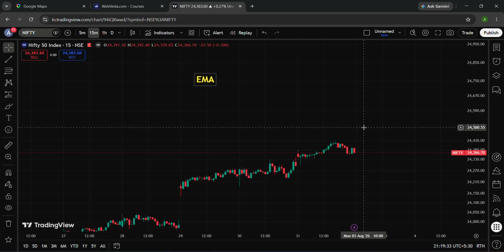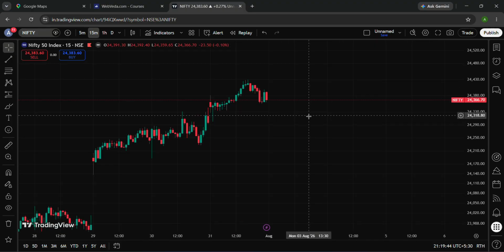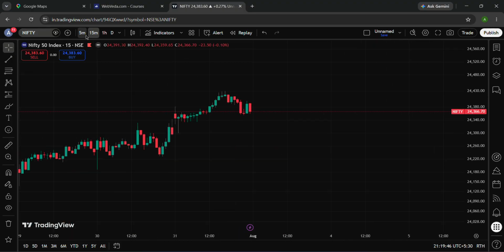The EMA gives more significance to the recent candle. What do I mean by that? We are on the 15-minute chart of Nifty 50. This is the last candle of Friday.